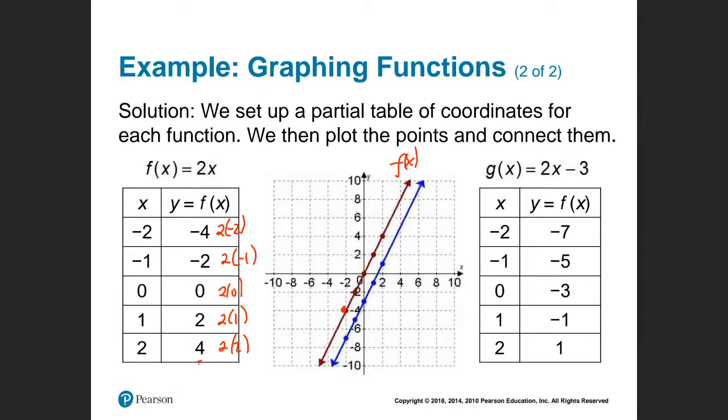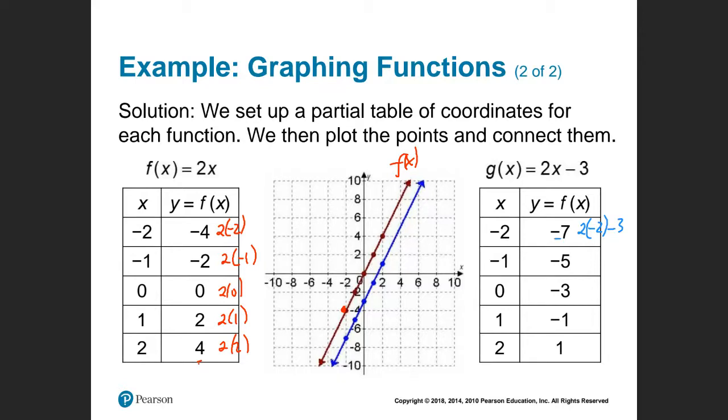Now look at g of x equals 2x minus 3. Just replace x with negative 2. So this is 2 times negative 2 minus 3. 2 times negative 2 is negative 4, minus 3.